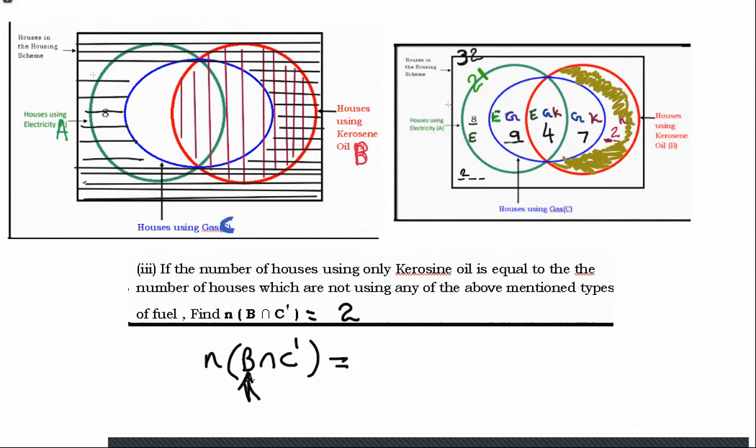Houses which are using kerosene but not gas. C complement means not gas. So how many houses are using kerosene but not gas? That's 2. All right, so you can take both these approaches to answer this question.